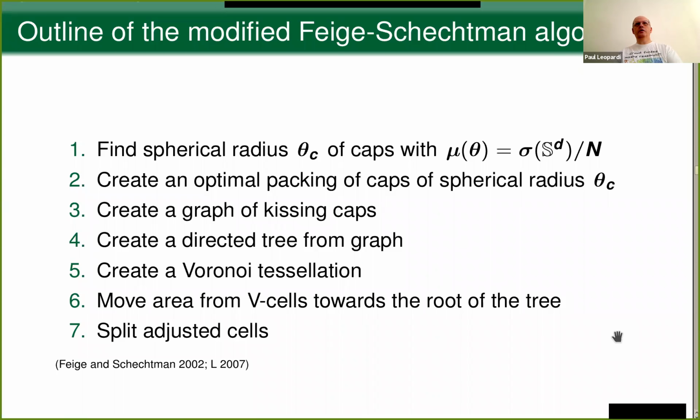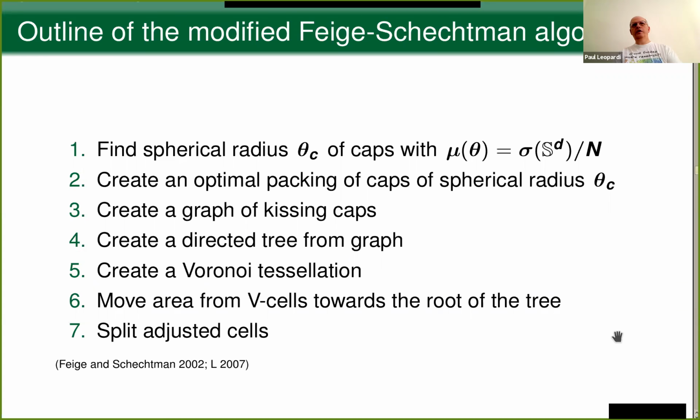So the modified construction, where I modified the Feige-Schechtman algorithm, goes as follows. First, you find a spherical radius theta c of caps such that each of the caps gives you an area which divides the area of the sphere by n. Then you create an optimal packing of caps with spherical radius theta c. In fact, you don't need to create an optimal packing. You just need to create a packing which is saturated, and that's sufficient.